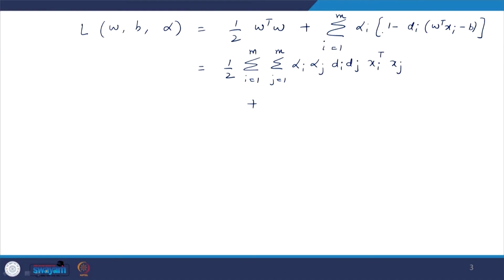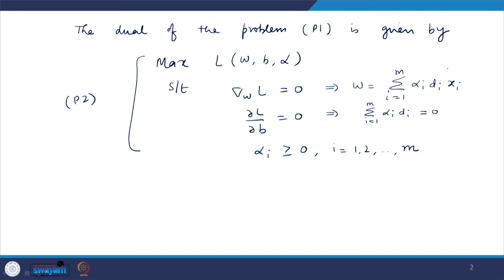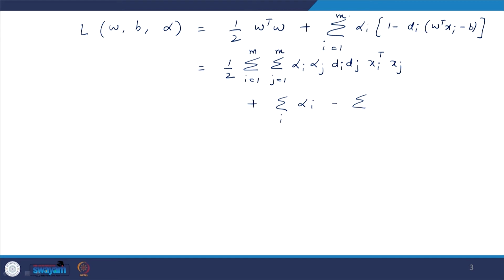Plus summation of alpha_i over i. The next term is minus, again replacing W by this term, with index j: summation over i, summation over j, alpha_i alpha_j d_i d_j x_i transpose x_j.